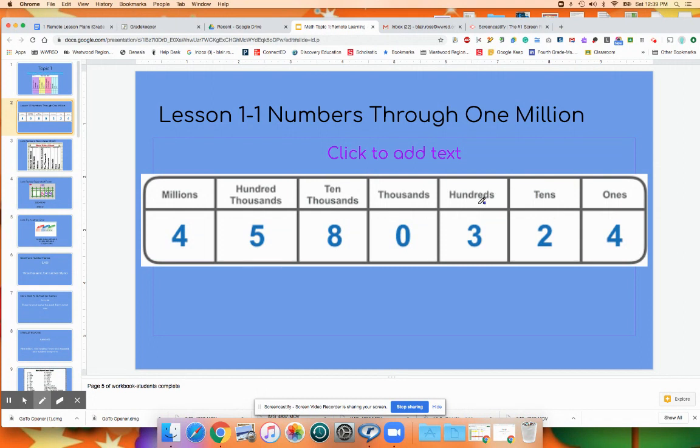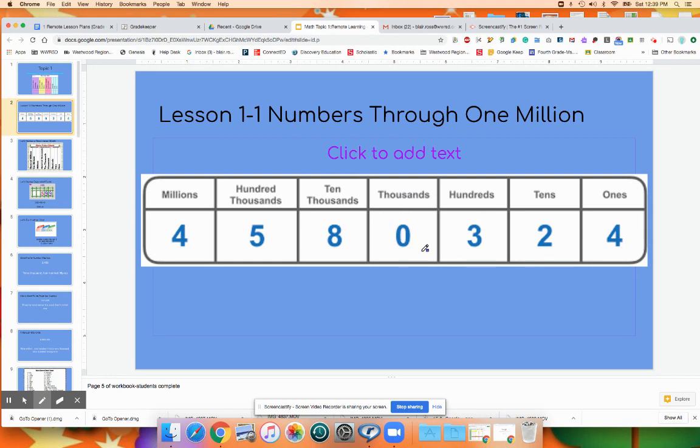After the tens place is the hundreds place, and the digit holding the hundreds place is a 3. So remember, that doesn't mean 3 apples. That means 3 sets of 100 or 300 apples. So the value there is 300. After the hundreds place is the thousands.